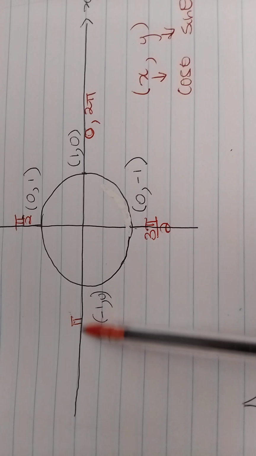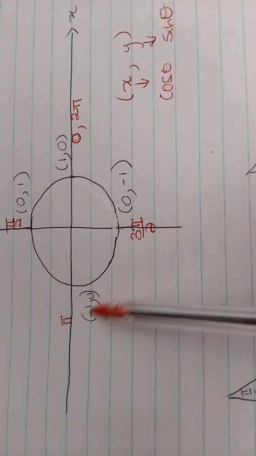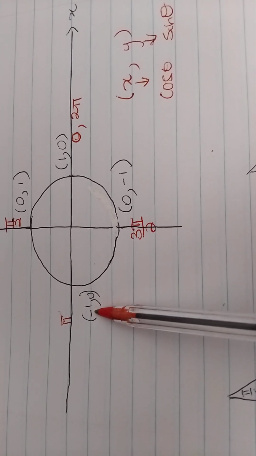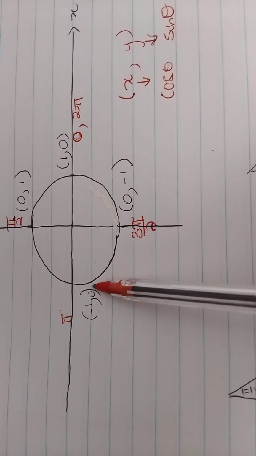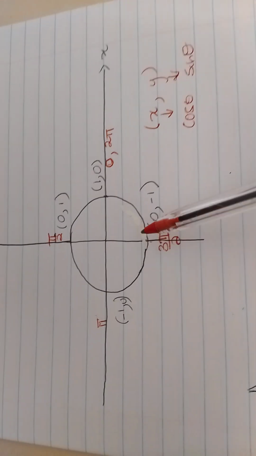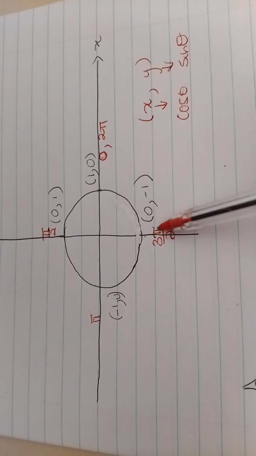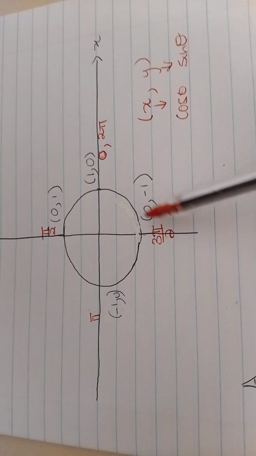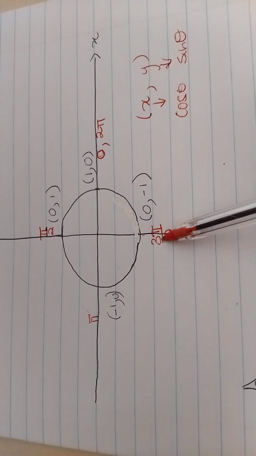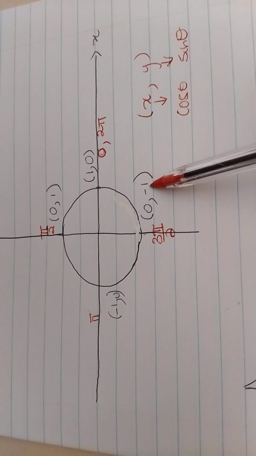Coming here, the cosine of pi is negative 1. The sine of pi is 0. And then lastly, the cosine of 3 pi over 2 is 0, and the sine of 3 pi over 2 is negative 1.